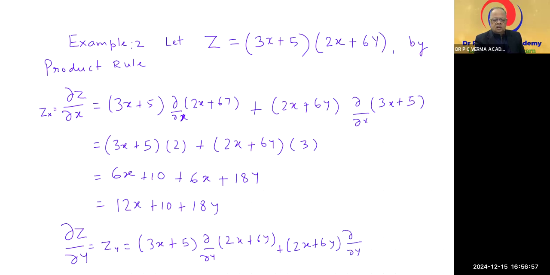This first term, 3x plus 5, is kept as it is, and the second term is differentiated: 2x plus 6y, plus this term will be the first term, and this term will be differentiated, 3x plus 5.